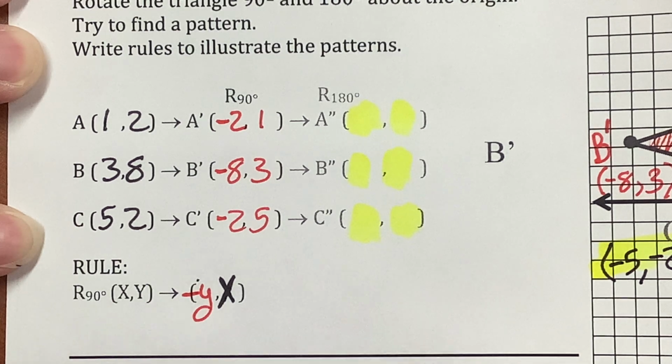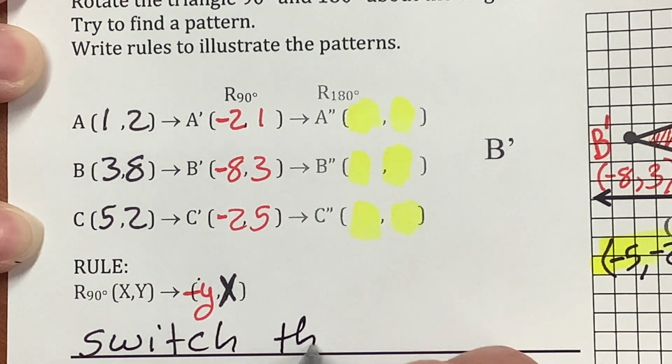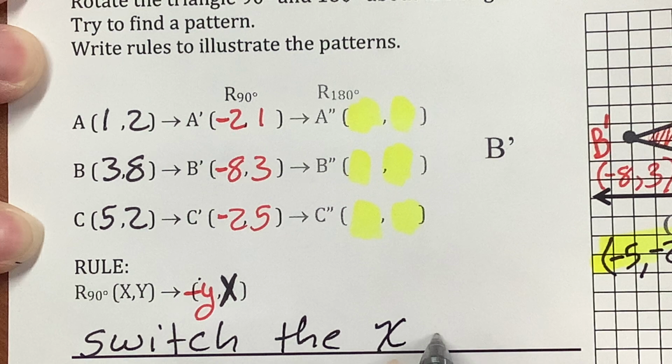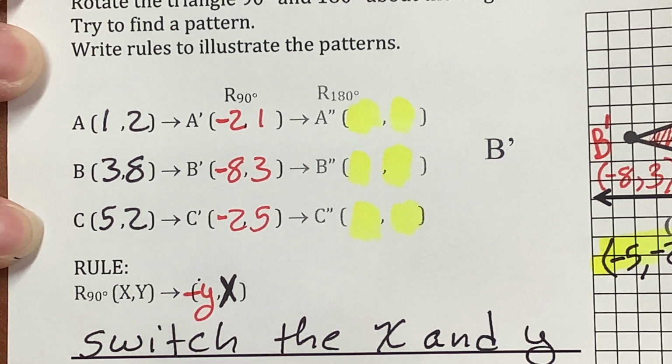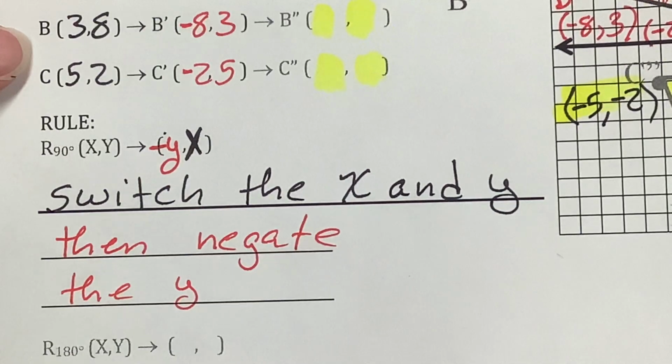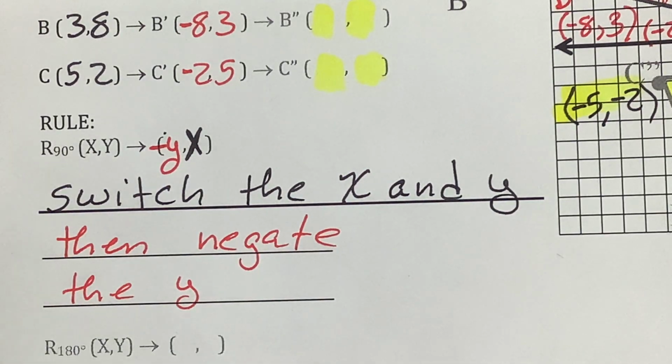So the rule, let's write it here. Switch the X and Y, then negate the Y. And you remember that negate does not mean make negative.